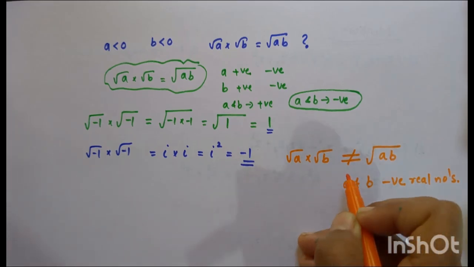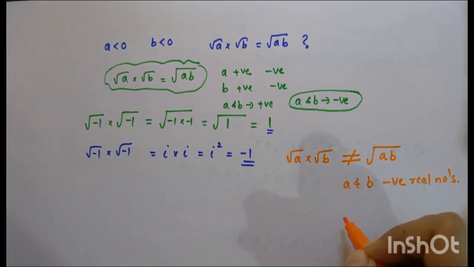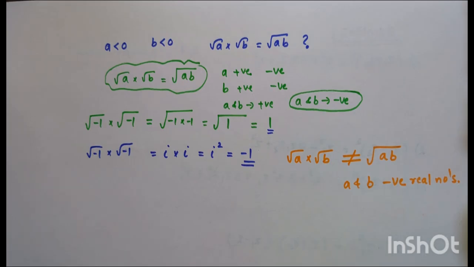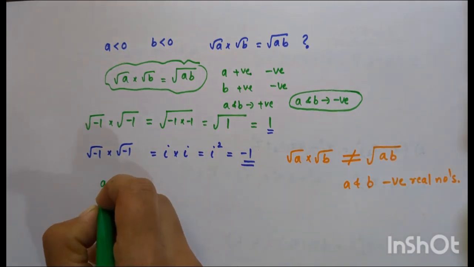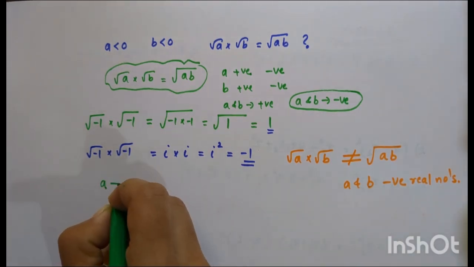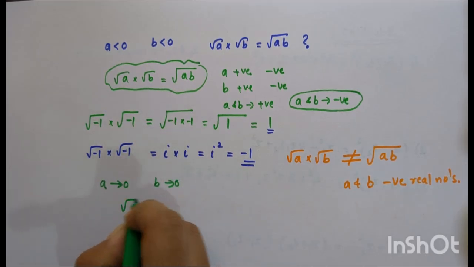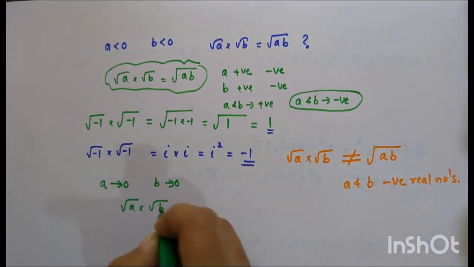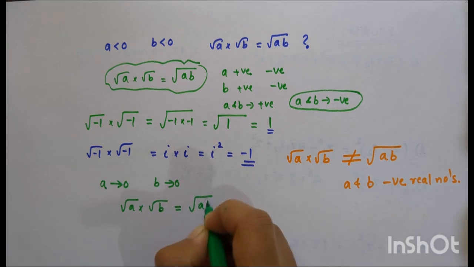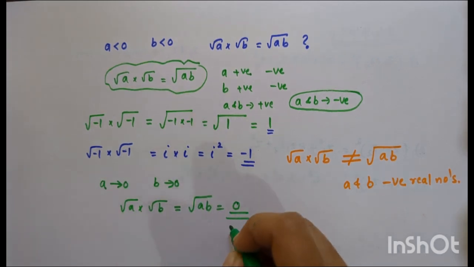We cannot apply this equation for such numbers. Now you see, if any of a and b is 0, then square root of a into square root of b will definitely be equal to square root of ab, which is equal to 0.